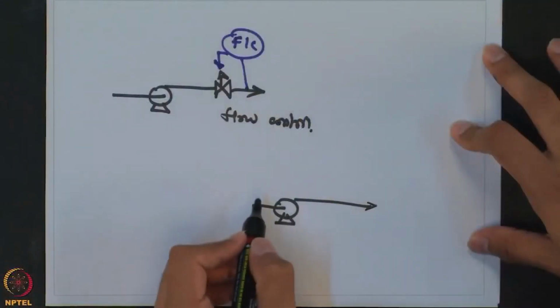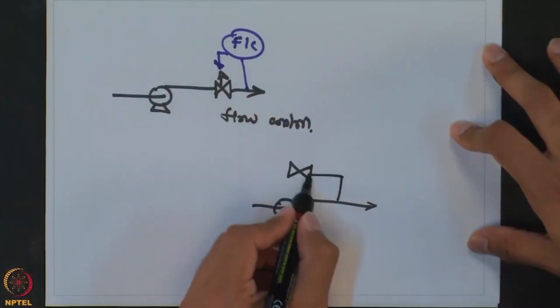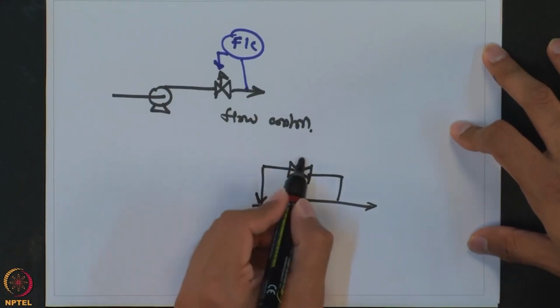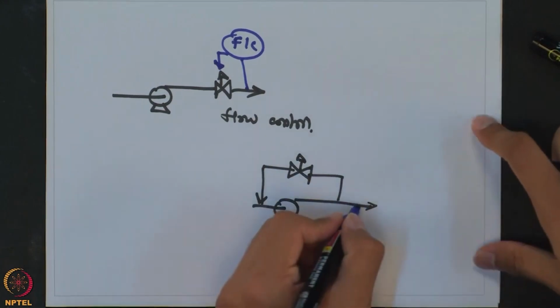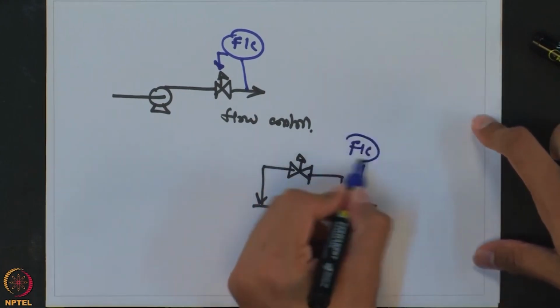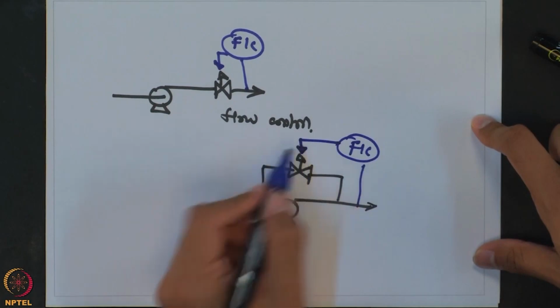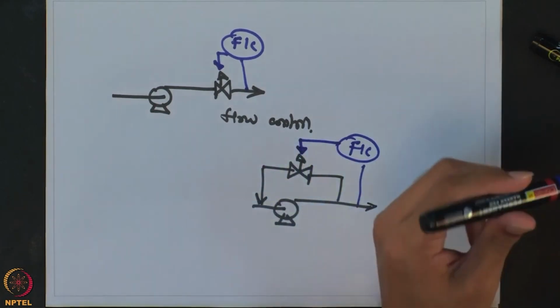The other way you can control this flow, which has some inbuilt safety, is having a recirculation loop. So in this case, you will measure the flow and accordingly change how much fluid recirculates.